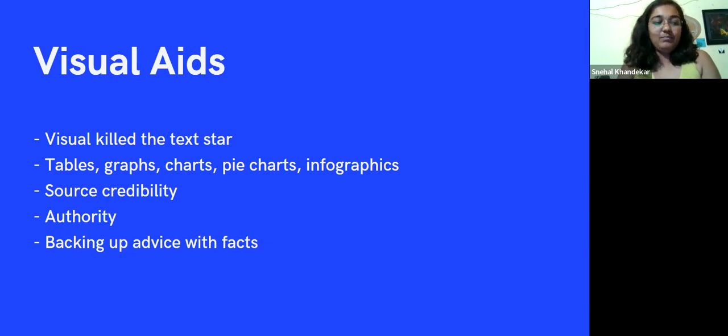And always remember to give credit to these sources, right? Under your infographic should be a line that says source and then a link to the source. This adds authority to your pieces because you're not just giving advice or information in words which are subjective, but you're also backing it up with facts.